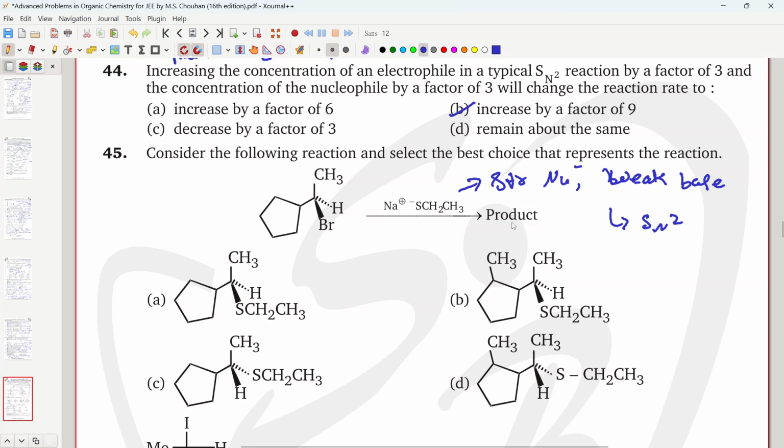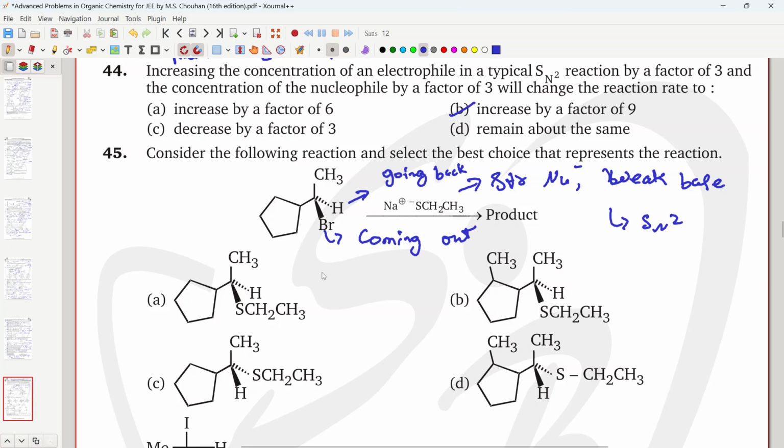First, we have to identify the stereochemistry. In the substrate, we have Br as a solid wedge, which means it's coming out. H is shown as a dashed wedge, meaning going back.